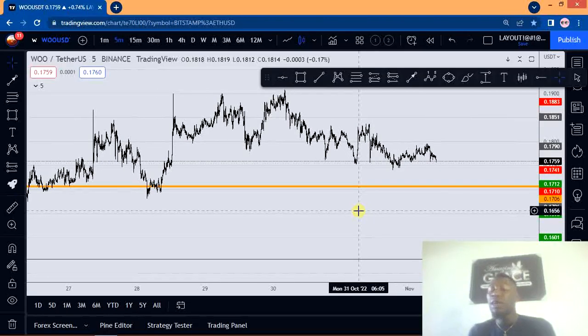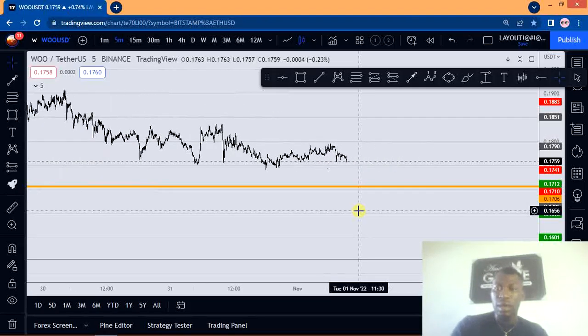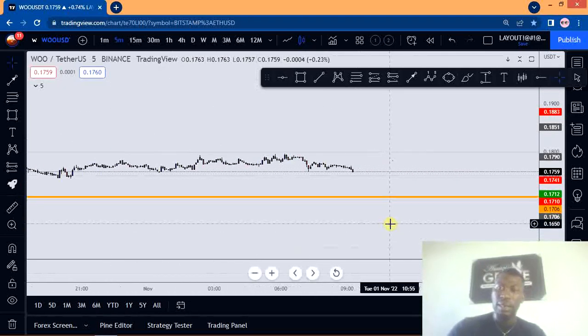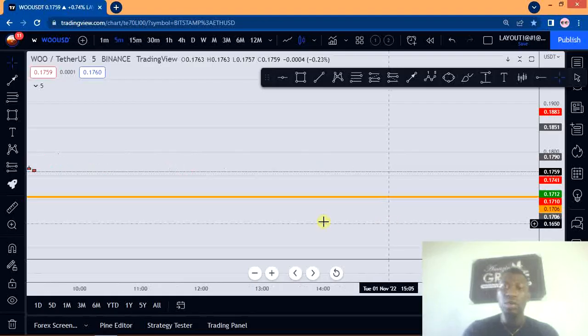In scalping, if you're not a person that is comfortable with trades running more than 24 hours, you can just expand this when you're scalping. Expand this so that you can see your candles well.